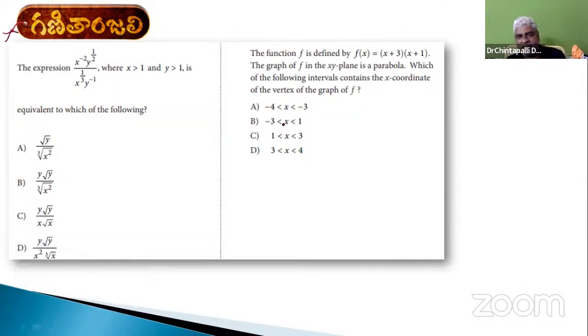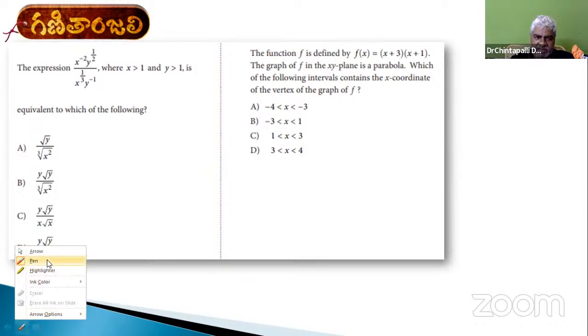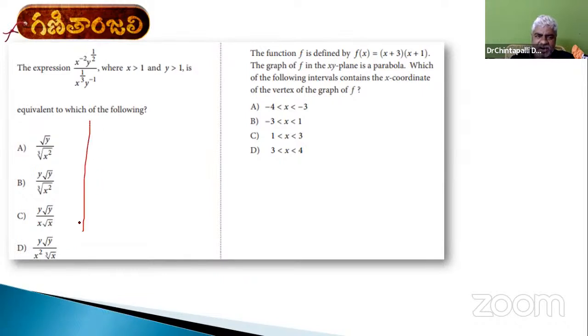Let me tell you how to find the vertex correctly. Actually, the vertex is not asked in this question. The interval of the vertex is asked, but we can find the vertex also. To find the vertex accurately, we need a basic concept called the derivative. The symbol of derivative is d by dx.